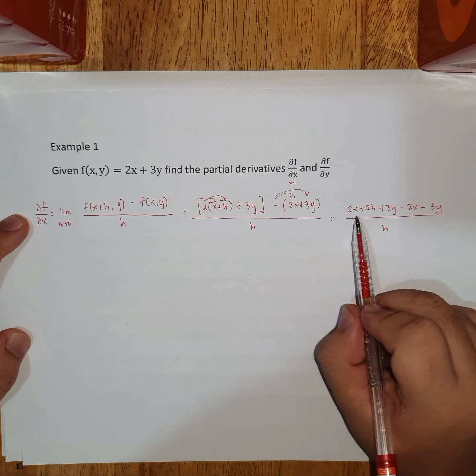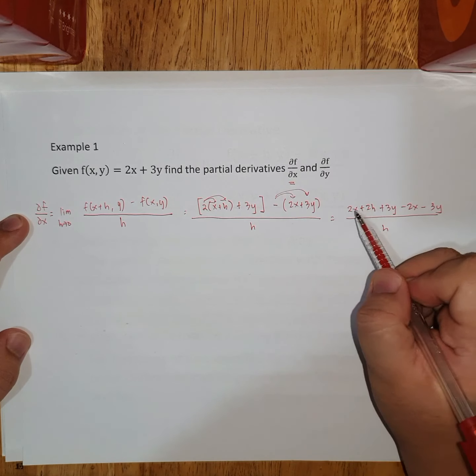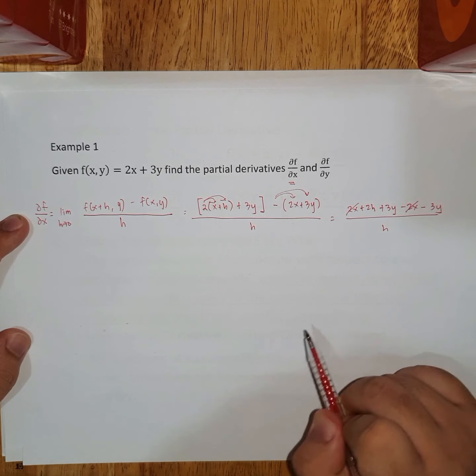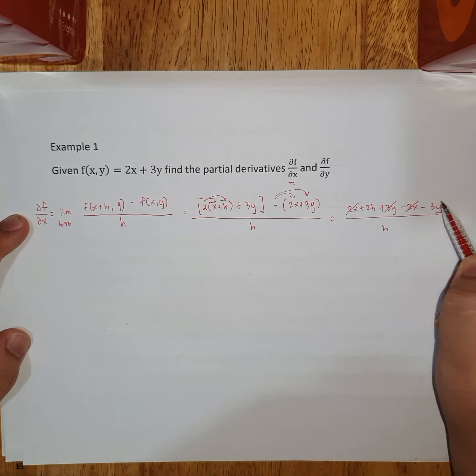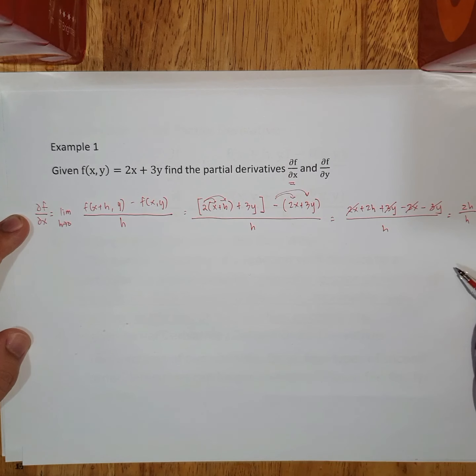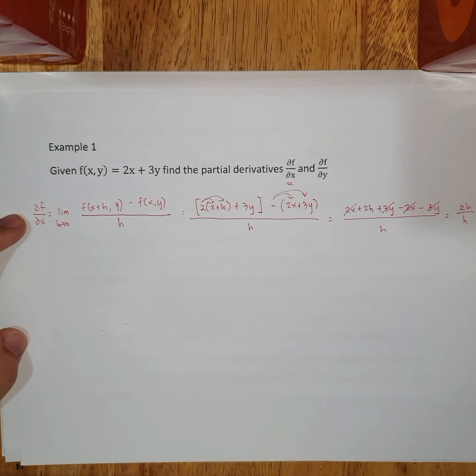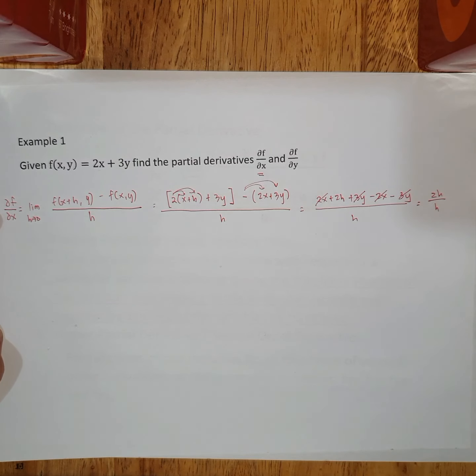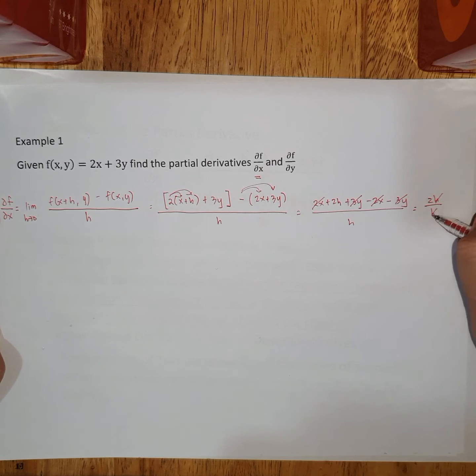Here we can see in the numerator that the 2x cancels out, that is 0, and likewise the 3y. So what remains in the numerator is 2h all over h. Since h is present in both numerator and denominator, we can cancel it out, leaving 2.